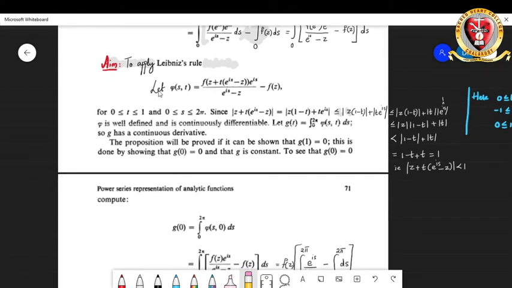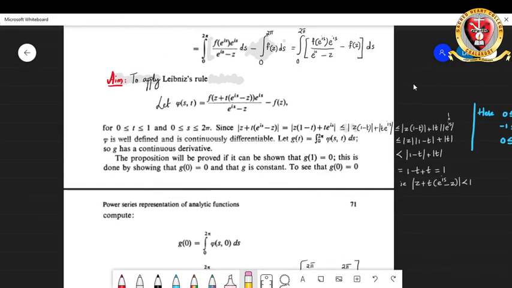So here we are going to define a function φ(s,t) equal to capital F of, small f of z plus t times (e^{is} − z), times e^{is} divided by (e^{is} − z), minus f(z).